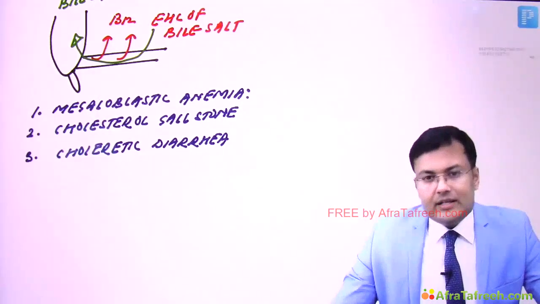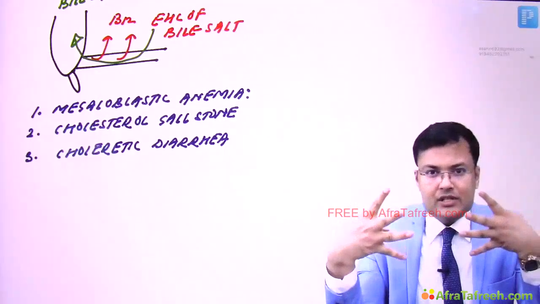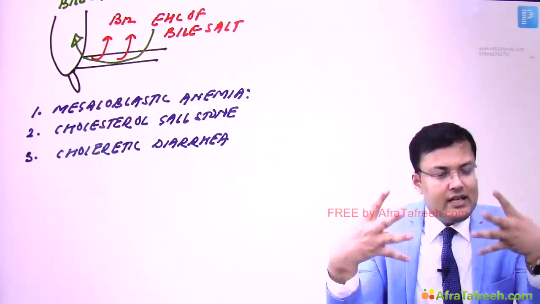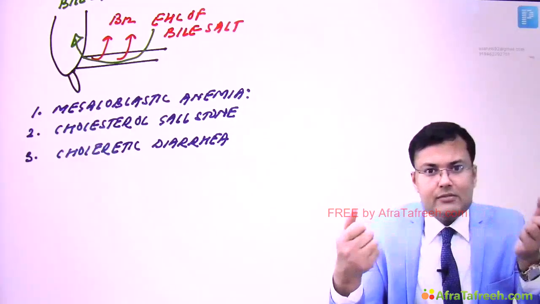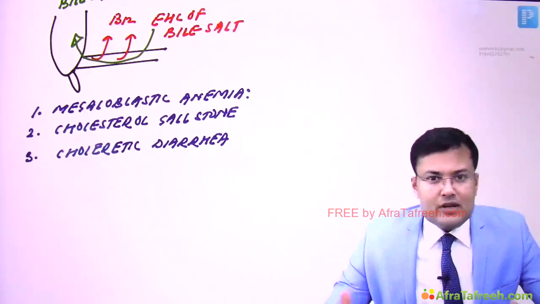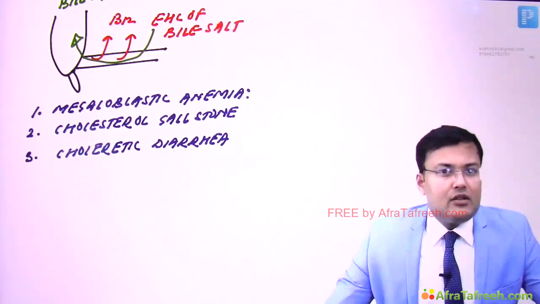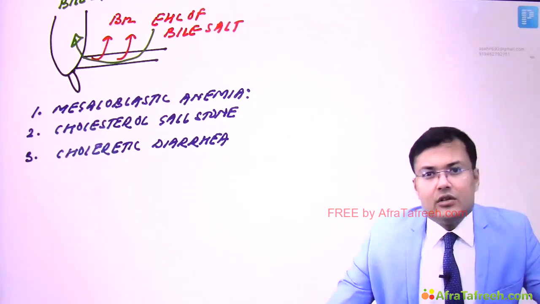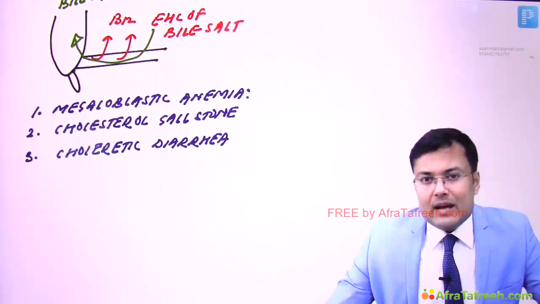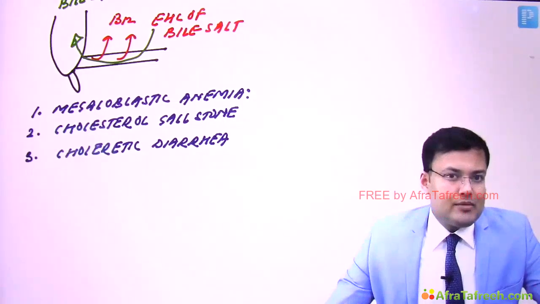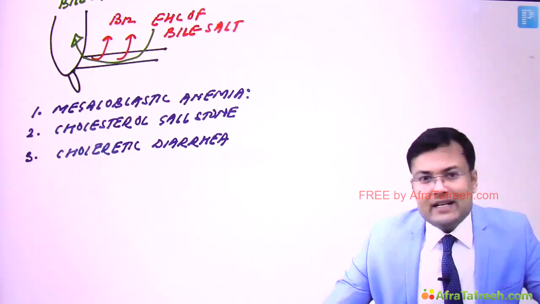You know that in the jejunum there are finger-like projections. These are called villi. So there is increased absorptive surface, and because of this there is absorption. Whenever we go for small bowel resection, there is loss of absorptive surface, so the nutrients are not absorbed, and it leads to malabsorption. Imagine free fatty acid, which is mainly absorbed in the jejunum.